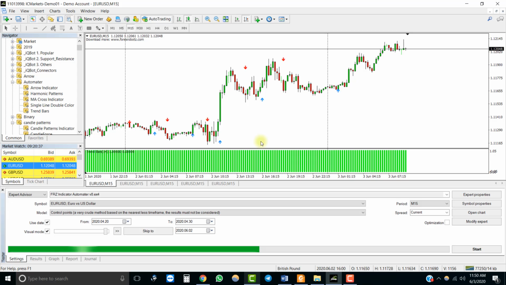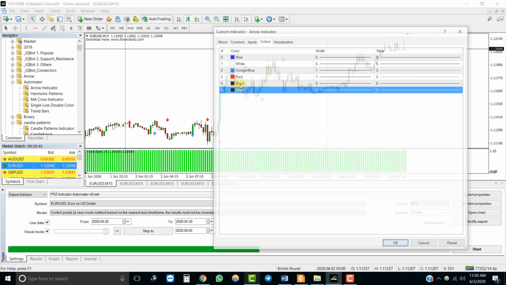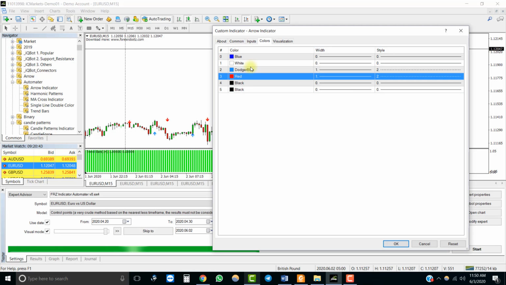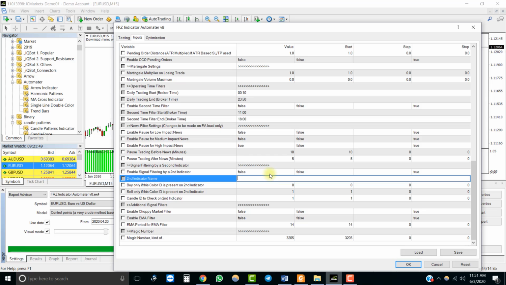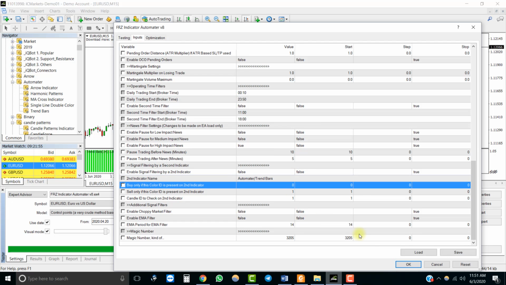We can set up the first indicator or the main signal indicator, which is the arrow signal indicator, just like we did earlier. Here you set up the second indicator. You need to update its name just like we did for the first indicator.